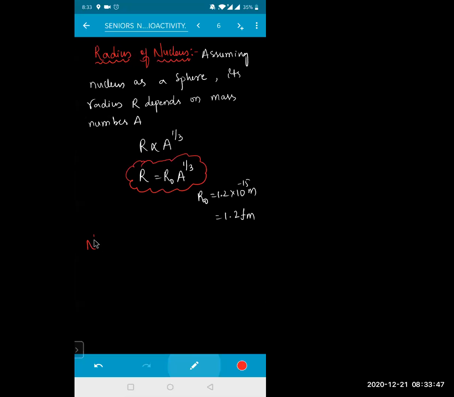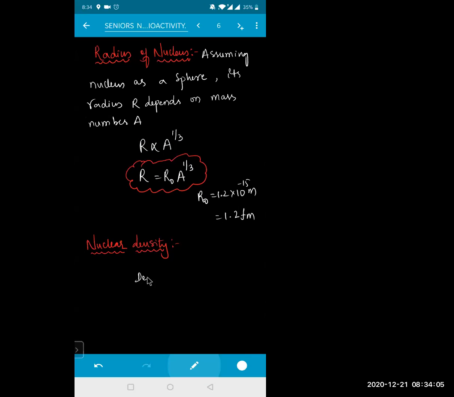The same way, nuclear density. What do you mean by nuclear density?